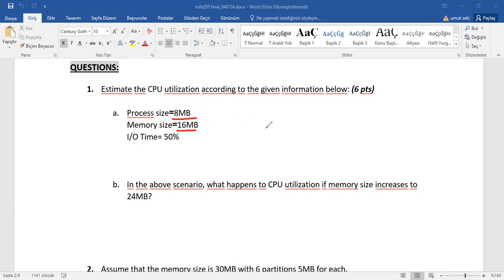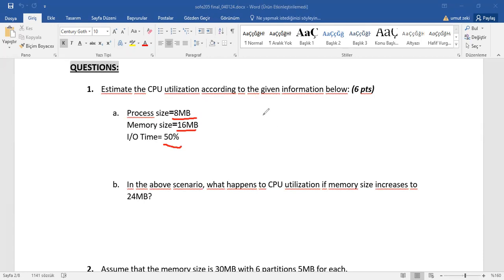Memory size is the total size of the memory, and process size is the coming process size. If each process is 8 megabytes and our memory size is 16 megabytes, it means we can fit two processes into the memory. And we have input output time 50%.